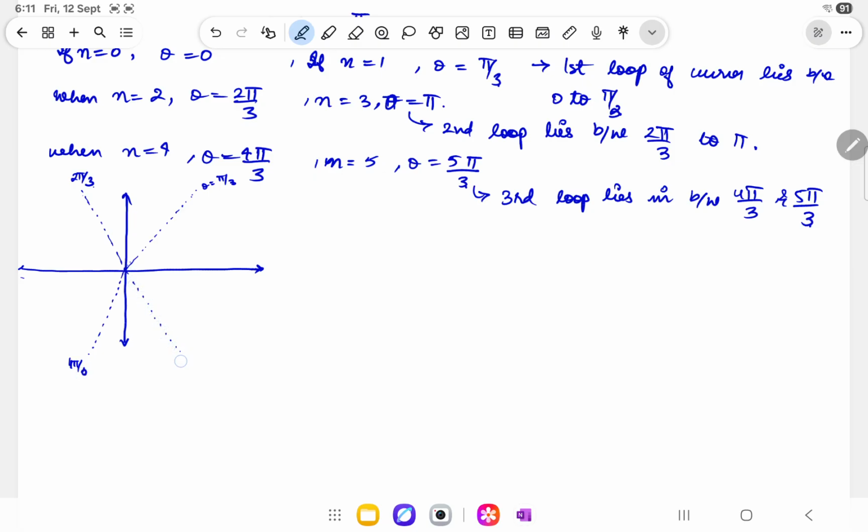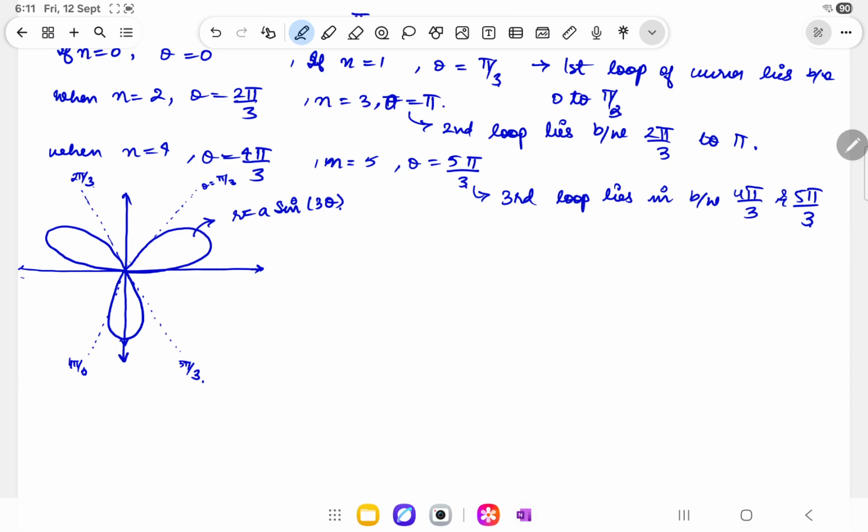So these are the lines in between which theta passes. Our first loop will be something like this, our second loop will be something like this, and our third loop will be something like this. So this is my curve, the curve r equals a sine 3 theta.